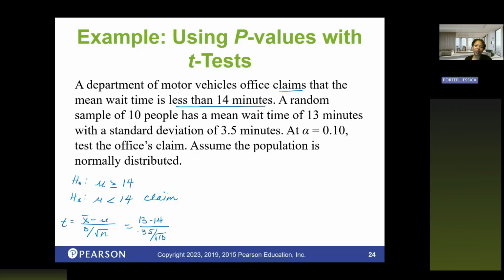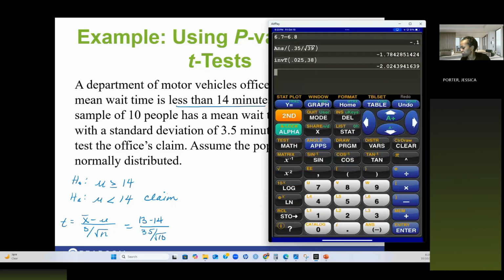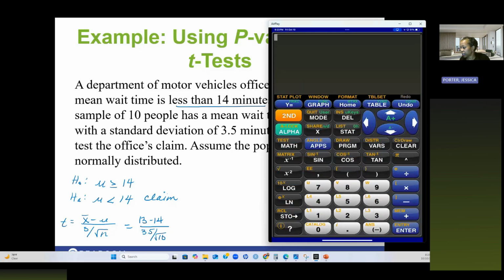So I'm just filling in information. X minus mu divided by the sample standard deviation divided by the square root of n. I've got 13 minus 14 over 3.5 divided by the square root of 10. I'm just going to grab this handy dandy calculator.